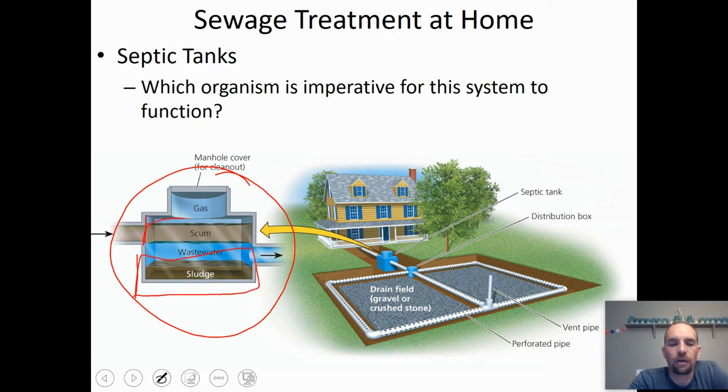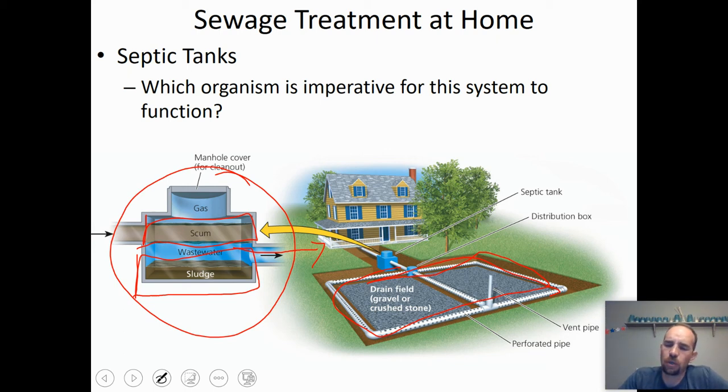You have a top layer of oils and scum that stay in the tank, and the cleaner wastewater, because there's bacteria in there that are breaking down that fecal matter and all that stuff that gets flushed down the toilet and down your sinks. The water will leach out, right, and it will go through these drains, and these drains will slowly allow that water to permeate underground, and then that will start to seep down into the ground.